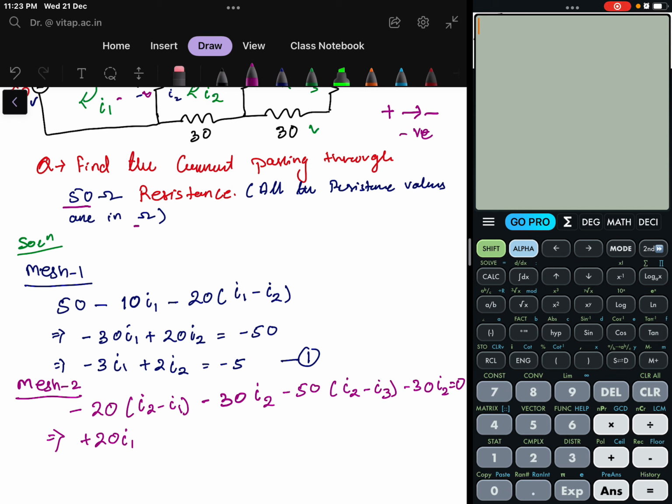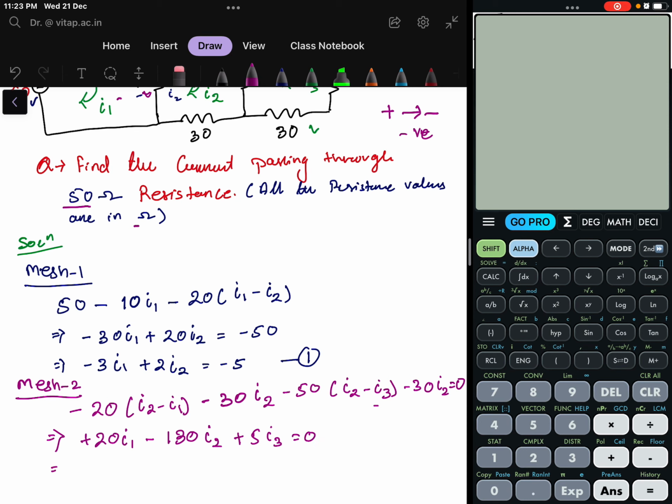For I2, it is 20 plus 30 plus 50 plus 30, so minus 130 I2. Then I3 is here, so plus 50 I3, that is equal to 0.